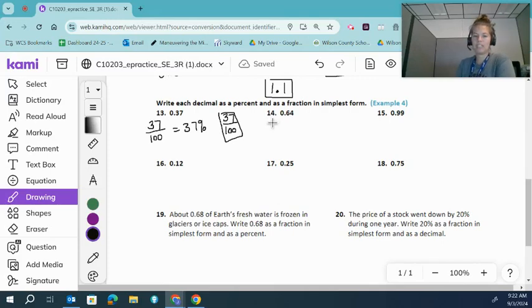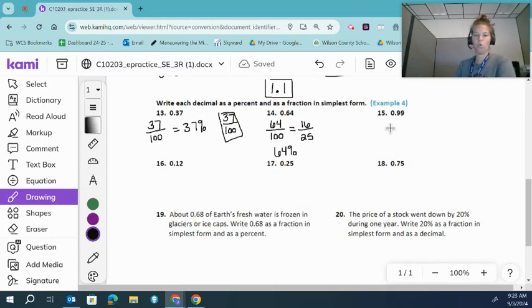And the next one, 64 hundredths. As a fraction, simplify, and 4 goes into both of these, so we get 16/25ths, and that is in simplest form. 64 hundredths, so that would mean 64% is your percent.